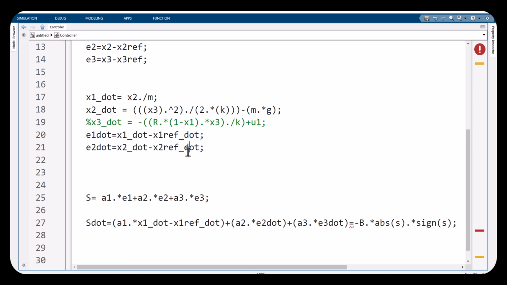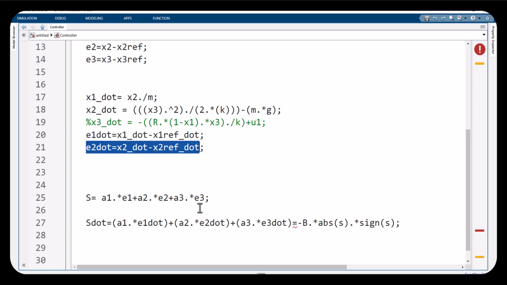Or we can just go ahead, since we defined it here, we can just let this e1 dot be as it is. Then here is the e2 dot. We take the value of e2 dot and put it here, or just let it be, and then we have this e3 dot.